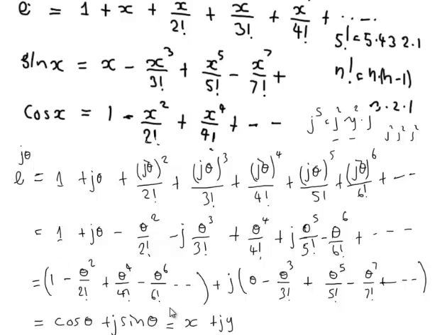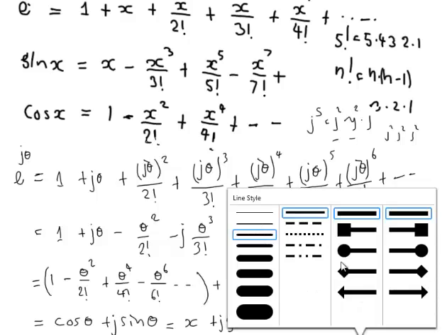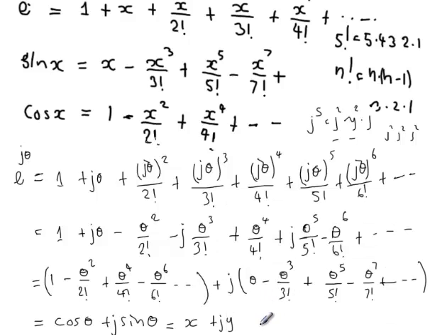I remember this was just a number with modulus 1 in this way, and we ended up seeing that a number z can always be represented as a product of two numbers, a real number, which is the absolute value of z, multiplied by e^(jθ), where θ is the argument of the number.